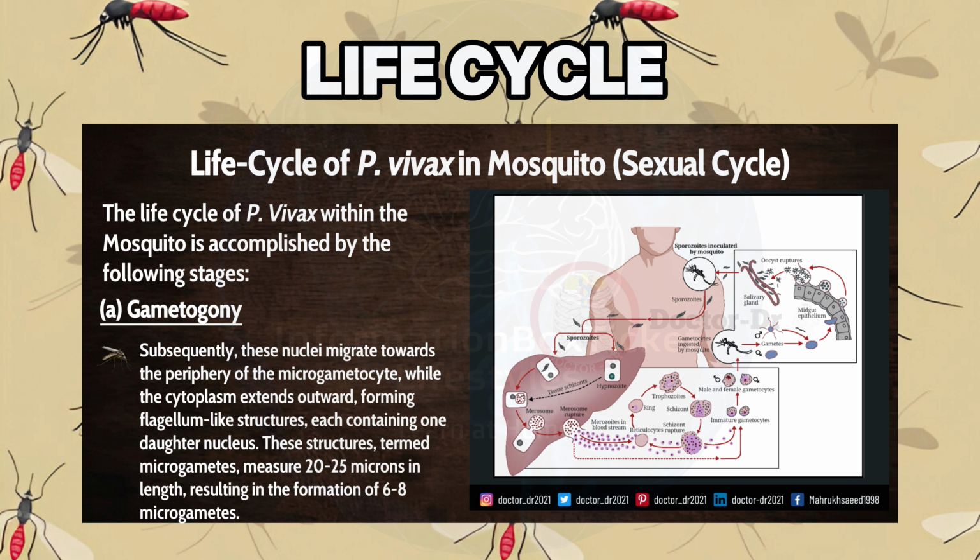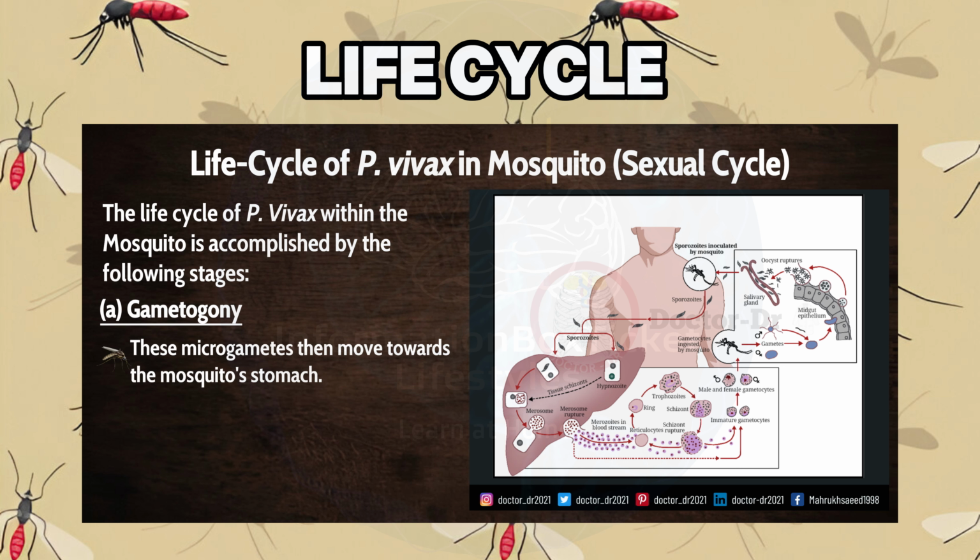Subsequently, these nuclei migrate towards the periphery of the microgametocyte, while the cytoplasm extends outward, forming flagellum-like structures, each containing one daughter nucleus. These structures, termed microgametes, measure 25 microns in length, resulting in the formation of 8 microgametes.